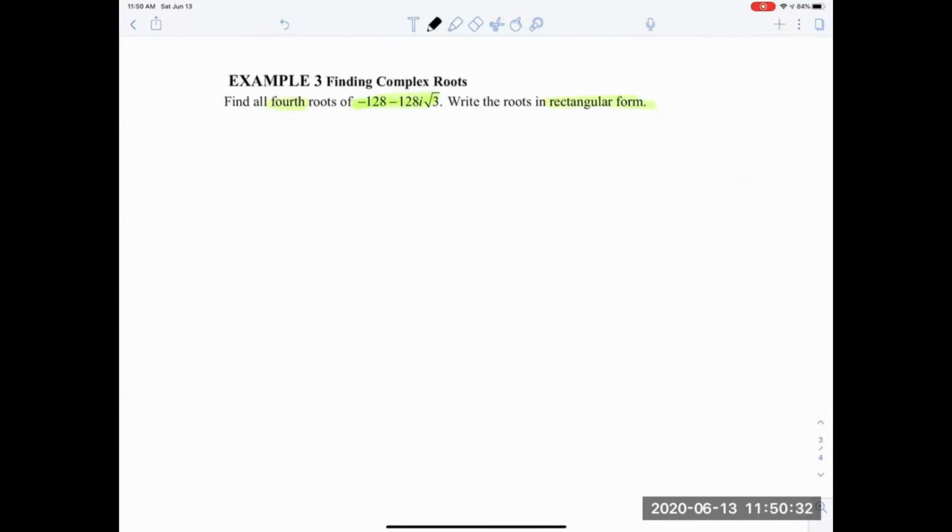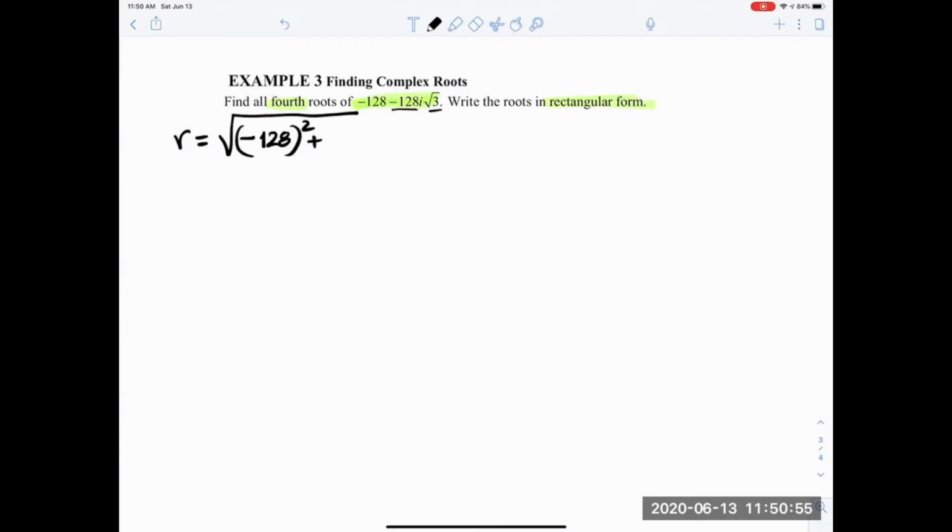So let's look at our number right here. From -128 minus 128 square root of 3, you get that r is square root of -128 squared, plus, and now pay attention because there are two numbers in here. They are -128 and root of 3.